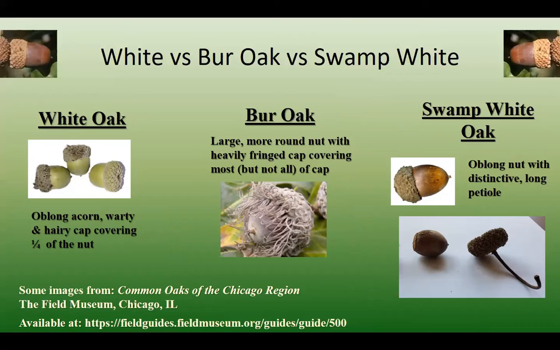So that's a big distinction. And then again, Elizabeth has some wonderful photography there of that super long stalk on the swamp white oak. That's probably the biggest difference between those two acorns, but you can see they're pretty similar in that characteristic white oak oblong acorn shape with a little bit larger of a cap than red oaks.